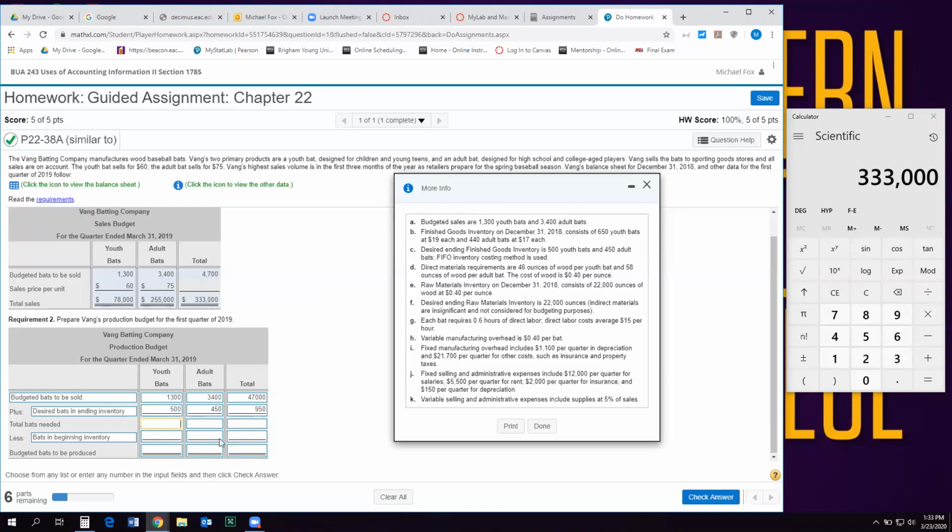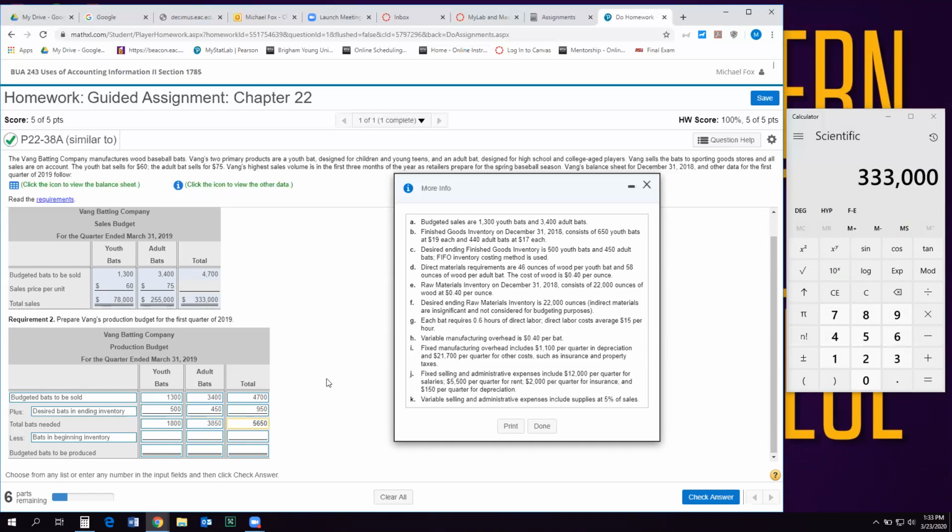Our total bats needed will be the number we think we're going to sell plus the amount we want to have. So 1,300 plus 500 is 1,800 youth bats, and 3,400 plus 450 is 3,850 adult bats. Whoops, I had an extra zero up here. 4,700 plus 950 would be 5,650 total bats.